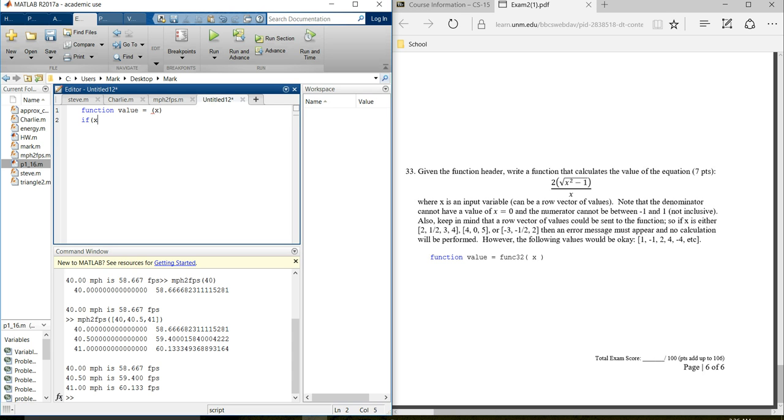If x is equal to 0, return. Well, I should display an error. Does he ask me to? So if x is either, then an error message must appear. Okay. So display error and return.